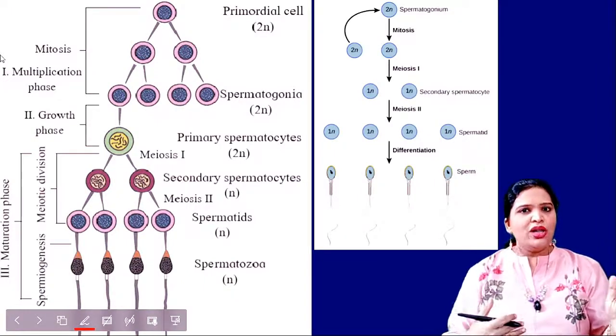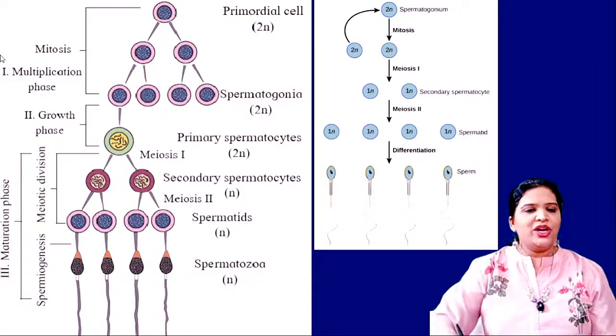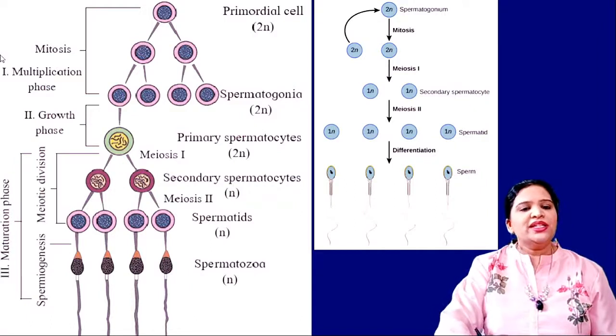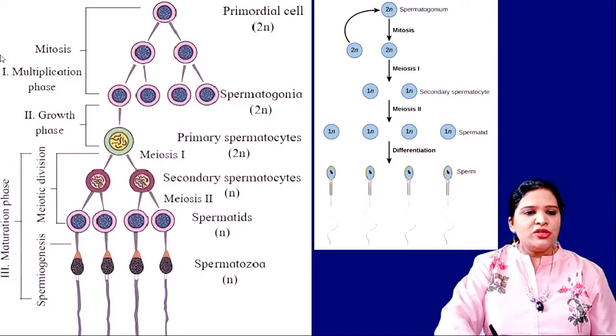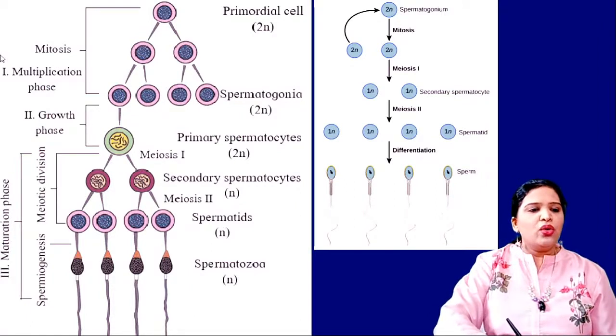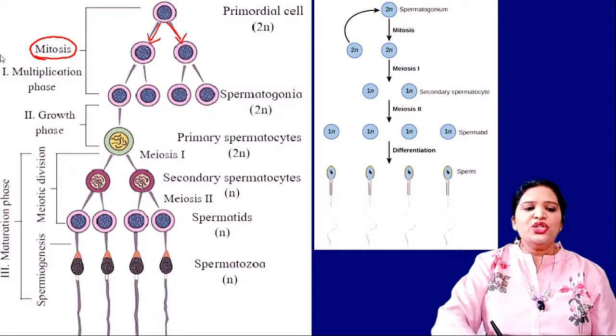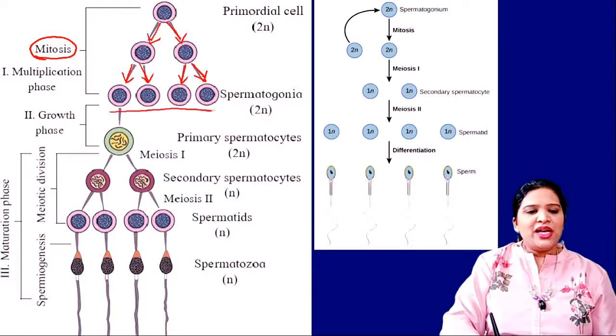Let us see all these 3 stages together in one shot. Okay, so see here, these are the primordial germ cells which undergo mitotic cell division. That means they grow, one cell becomes two cells becomes 4 cells. Okay, and they become spermatogonia.